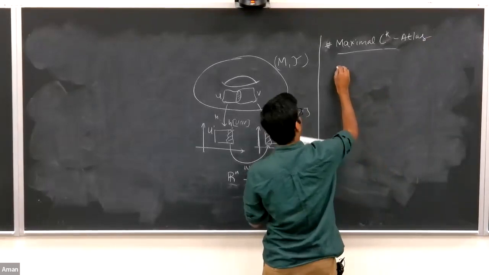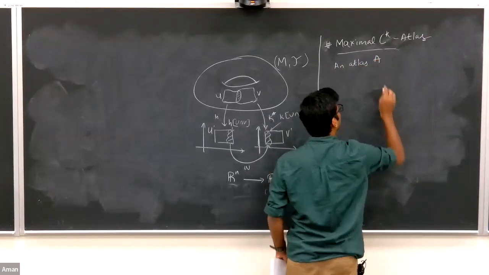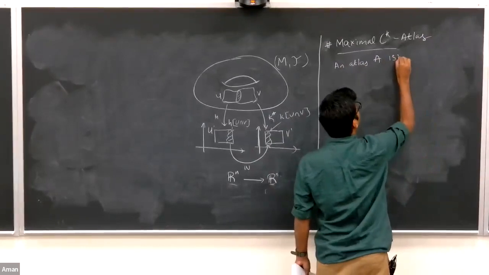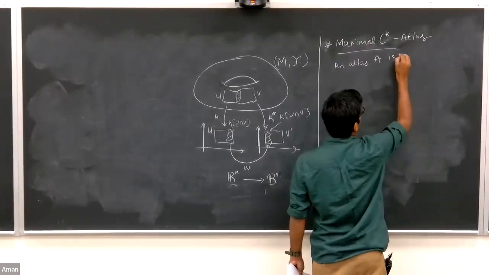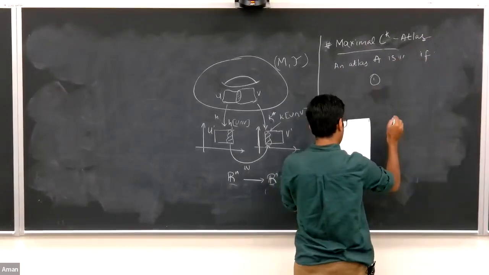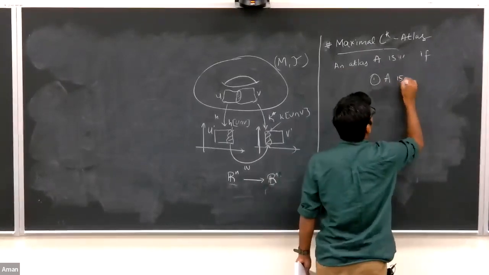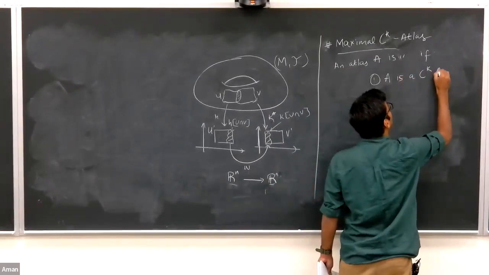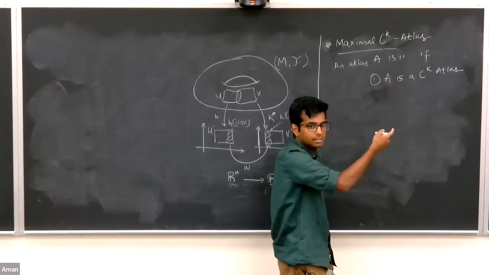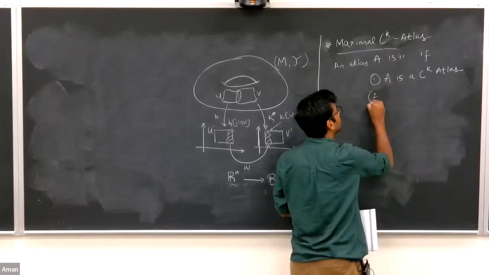An atlas A is a maximal C^k atlas if, first of all, A is just a C^k atlas, and for it to be maximal, it should cover the entire space.